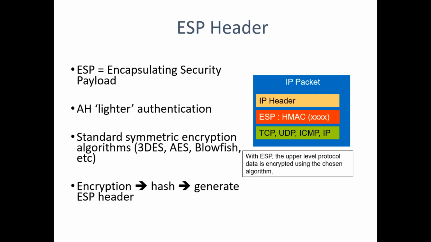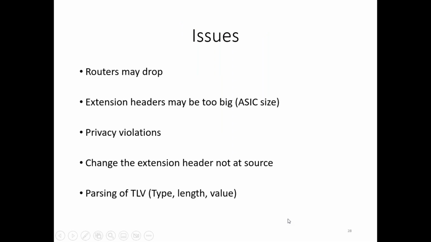Sometimes, of course, they're sold by a good salesperson, but in any case, if they need to see the packet and you're making it impossible, you're cutting off those functions. And this again is some of the objections that I have heard as to why ESP is not more widely adopted. So, what is the issue with extension headers?